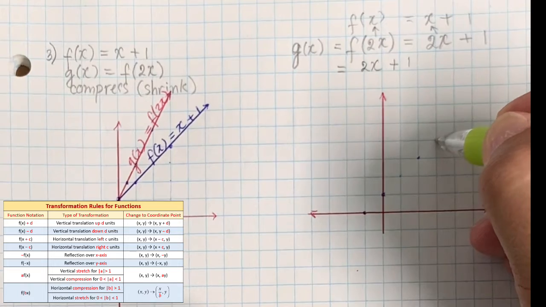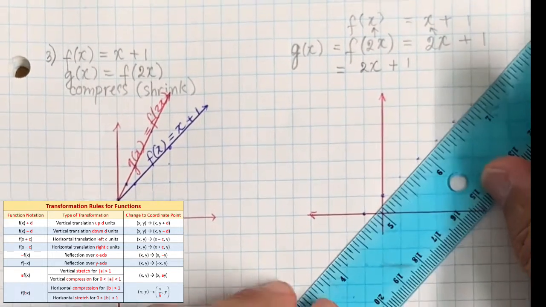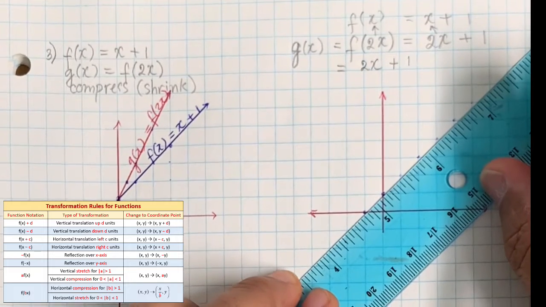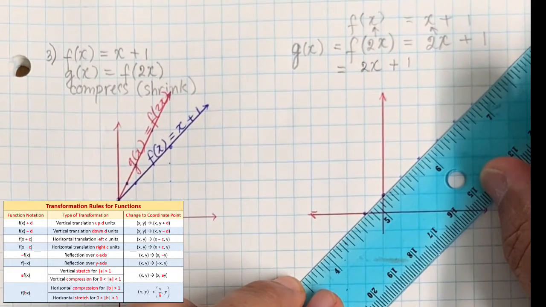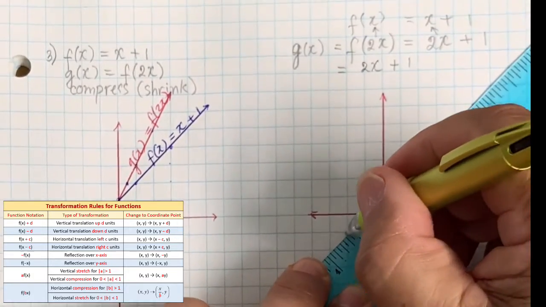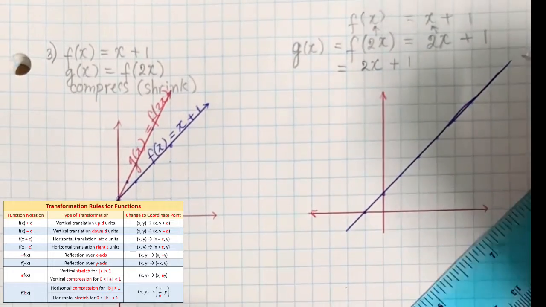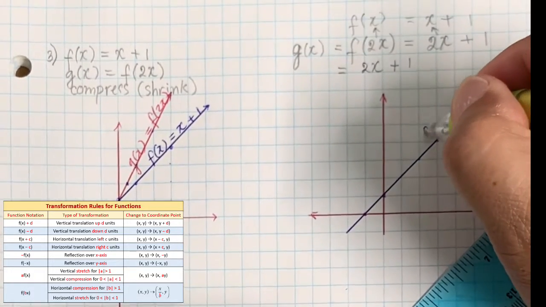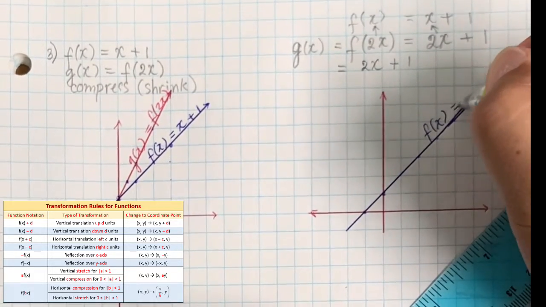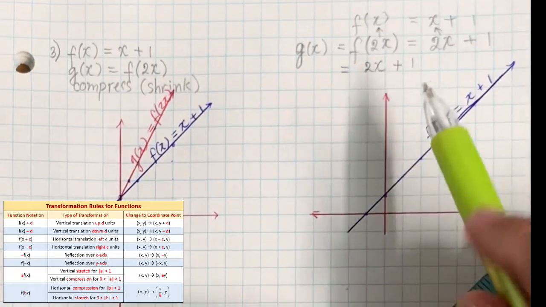And again, yeah. So you'll graph the function, the graph of f of x. All right. So here's f of x equals x plus 1. Okay. Now g of x.